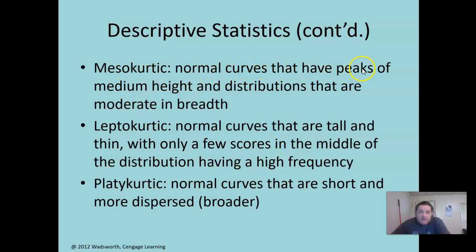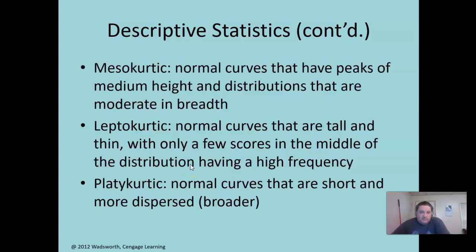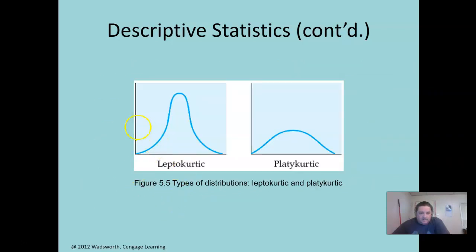Mesocurtic, normal curves that have peaks of medium height and distributions that are moderate in breadth. Leptocurtic, normal curves that are tall and thin with only a few scores in the middle of the distribution having a high frequency. Platykurtic, normal curves that are short and more dispersed, so broader, and we've got pictures of each of these here. So the normal curve is the mesocurtic, fairly consistent, goes up and down.